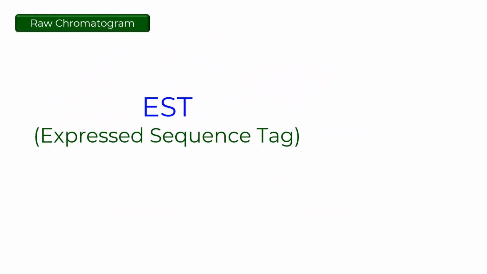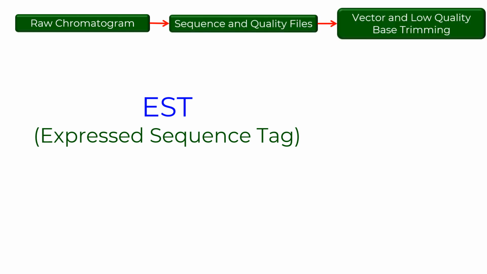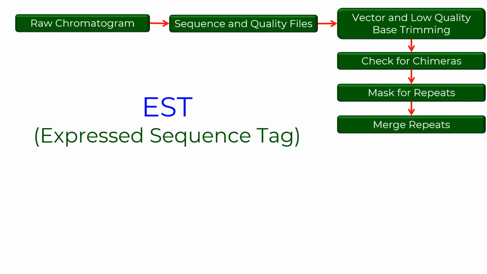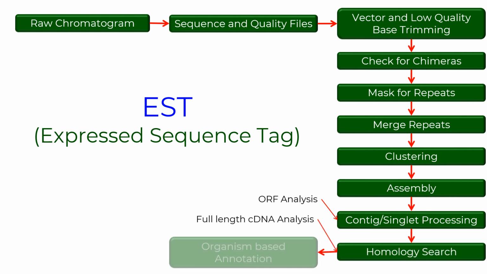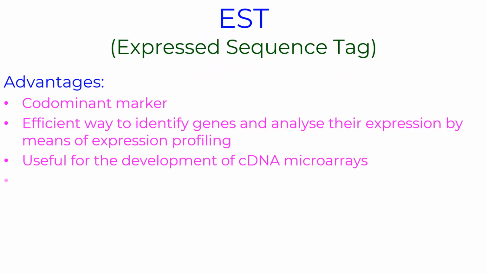Protocol: raw chromatogram, sequence and quality files, vector and low quality base trimming, check for chimeras, mask for repeats, merge repeats, clustering, assembly, contig or singlet processing, homology search, organism based annotation, and functional annotation. Advantages: EST is codominant.